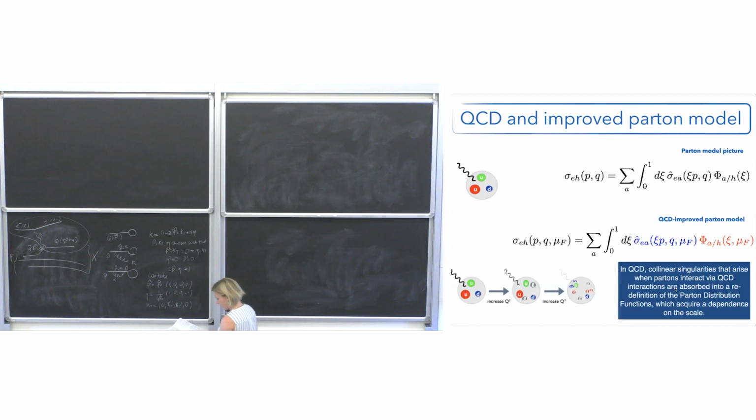The important thing here is that when you impose the conditions over there, you have some limit.